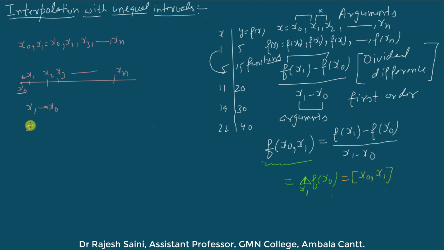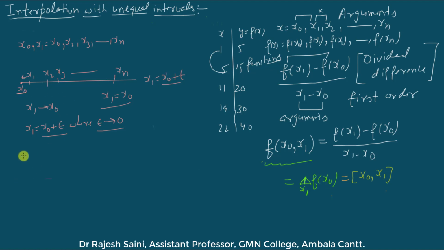So we can see x1 as x0 plus epsilon, where epsilon is very small, approaching 0. Instead of putting x1 equal to x0, I could take x1 in the infinitesimal neighborhood of x0 by writing x1 as x0 plus epsilon. This is the same as saying x1 and x0 are coinciding, or infinitesimally close to each other.